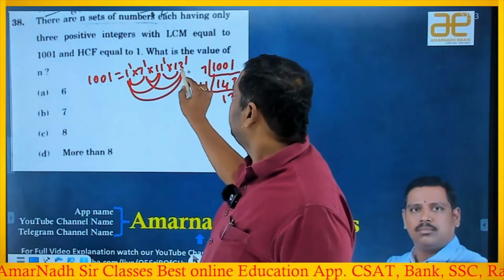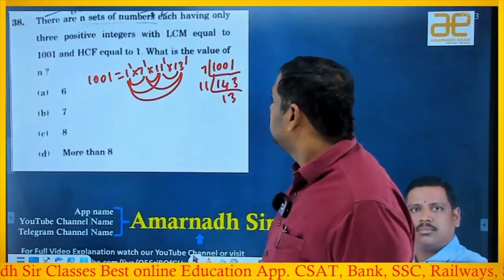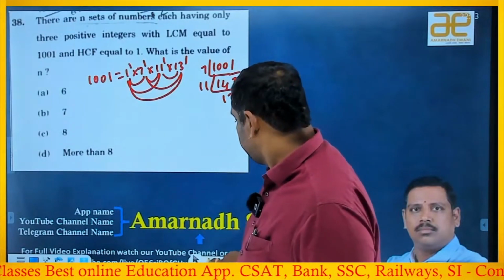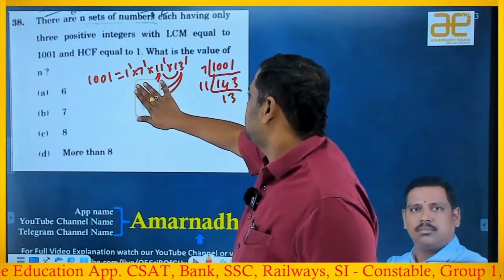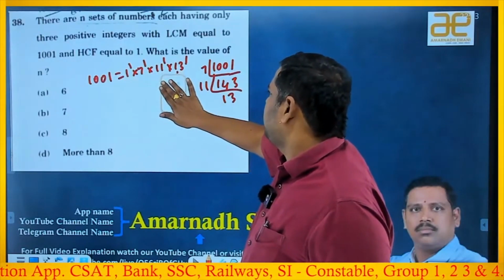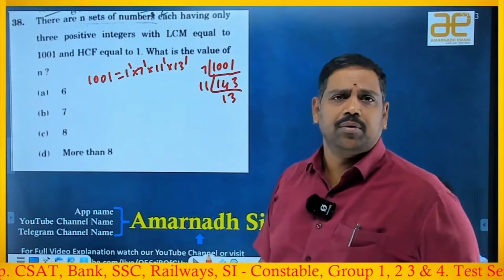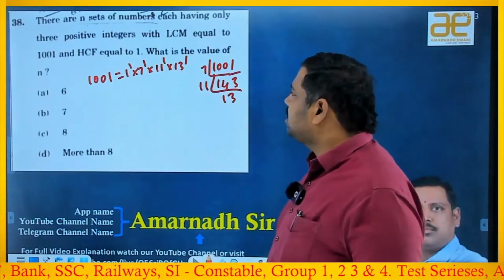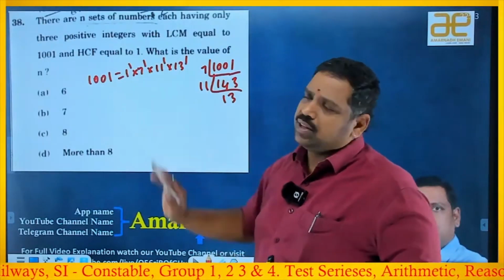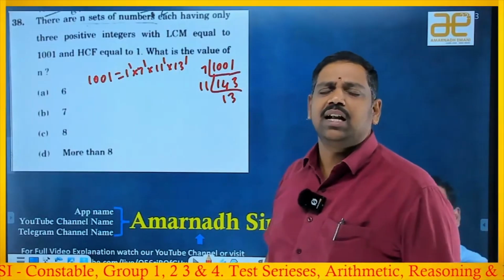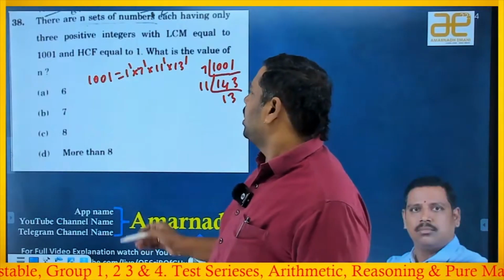Means if I take any combination of 2 numbers or 3 numbers, or 4 numbers even, definitely its HCF will be how much? 1. Okay. So now our target I'm taking in such a way that the product I have to get 1001, HCF is 1. Like that I'm thinking the numbers.